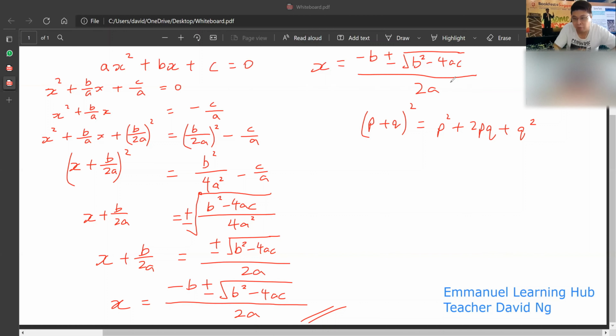Good news, this formula is given during exam, by the way. For your O level, you're not IP, right? This formula is given for your A Maths and your E Maths.